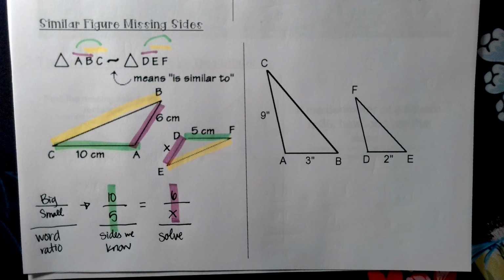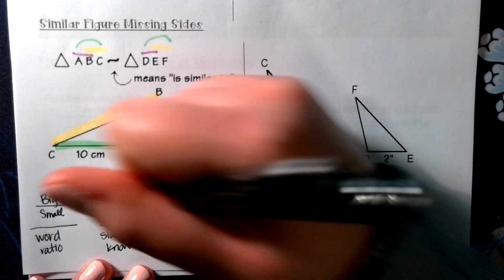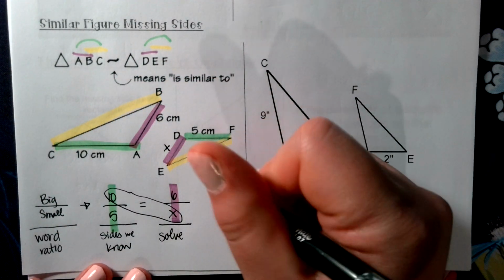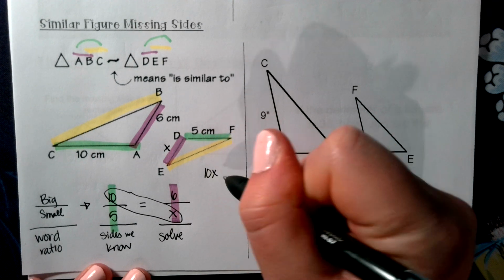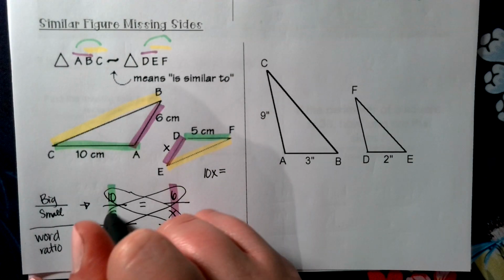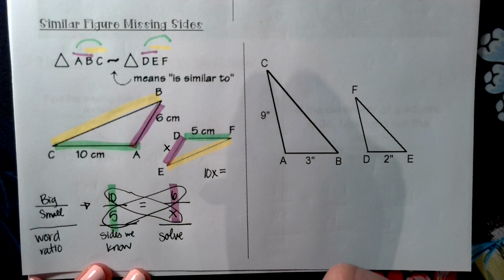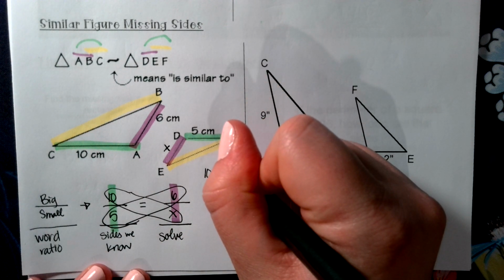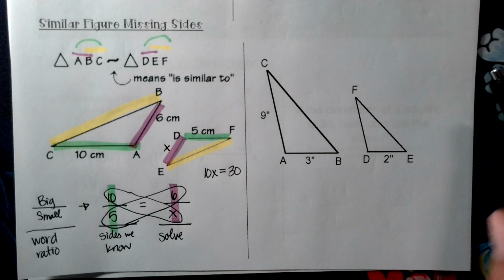Once you have your proportion set up, remember you want to do your cross multiplication. So I need to take 10 times x, which gives me 10x. I need to set that equal to the other side, which is 5 times 6. What's 5 times 6? 30.